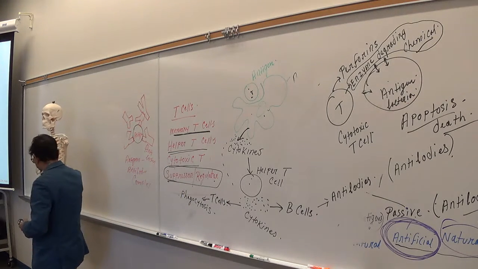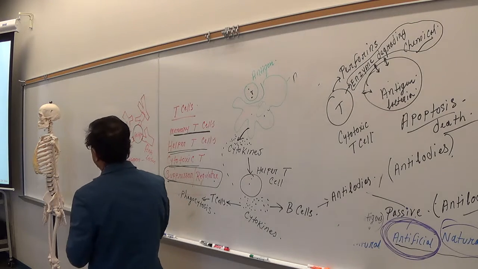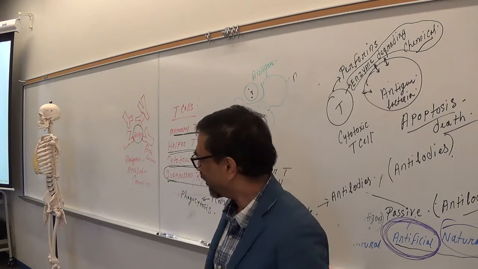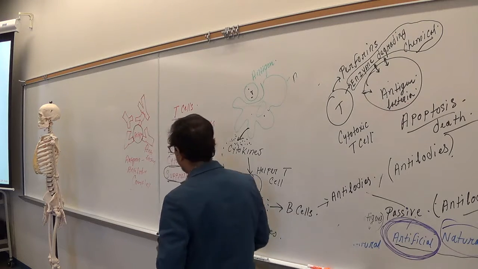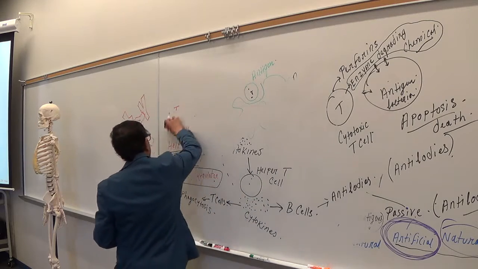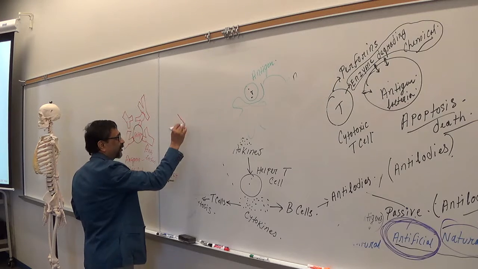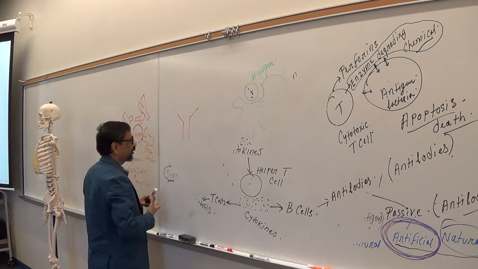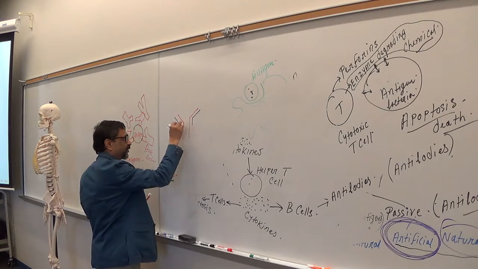But one thing you notice here, they are linked by disulfide bonds, those yellow bonds, disulfide bonds. Now, one thing you notice here, these are heavy chains and these are light chains, okay?